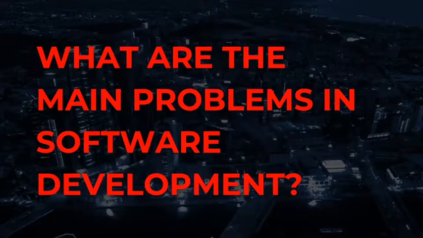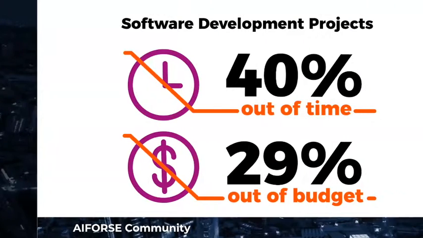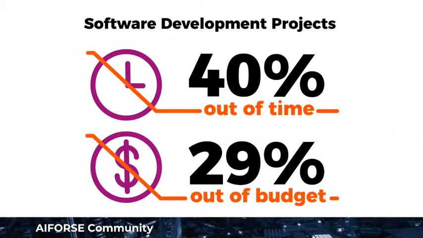I can list a few of them, but you can think of a few more problems, which we'll discuss in the end of the webinar. There are two main reasons I wanted to share with you. First, 40% of software development projects are delivered out of time, and 29% are delivered out of budget.